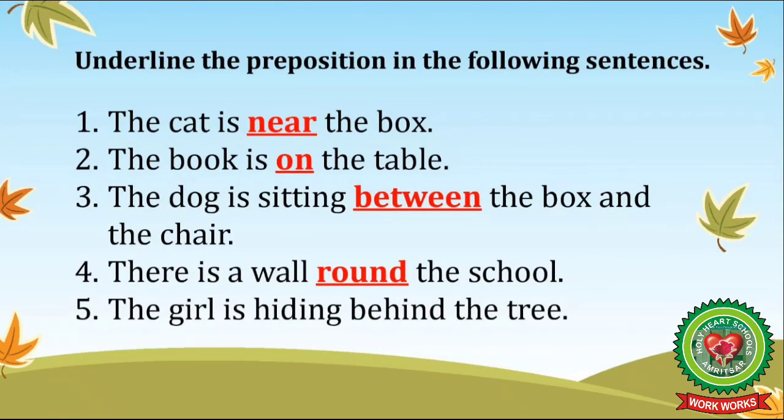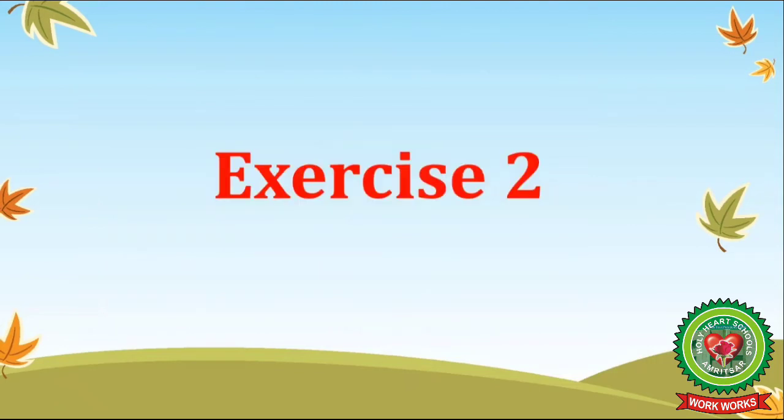Round, as round tells us the position of the wall, therefore it is a preposition. Number 5. The girl is hiding behind the tree. Now let's check the answer. Behind, as behind tells us the position of the girl, therefore it is a preposition.